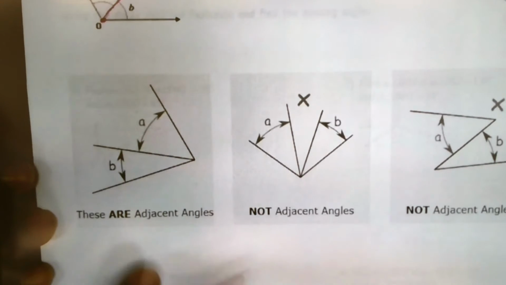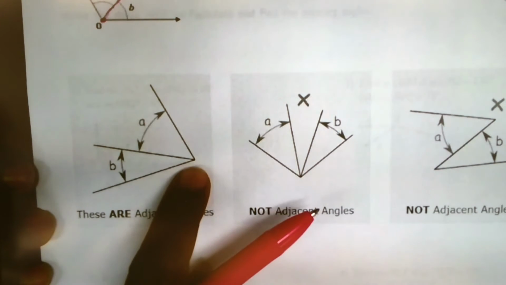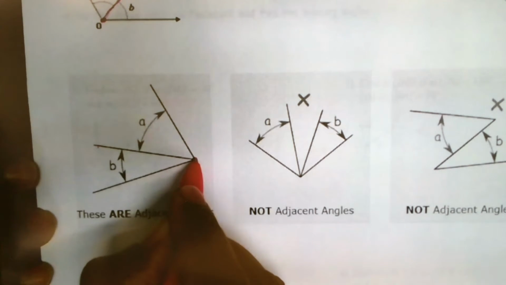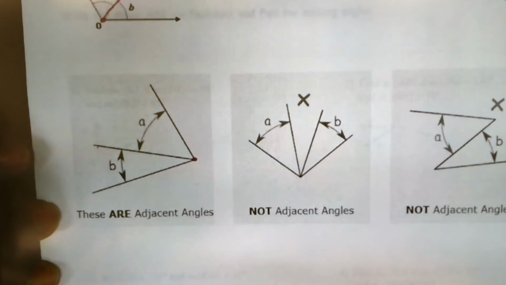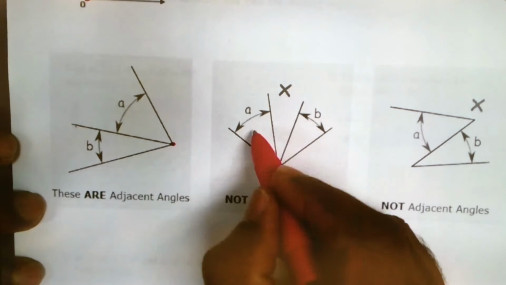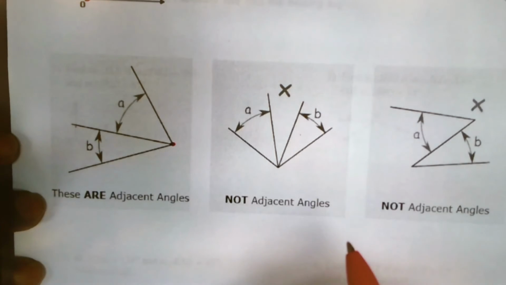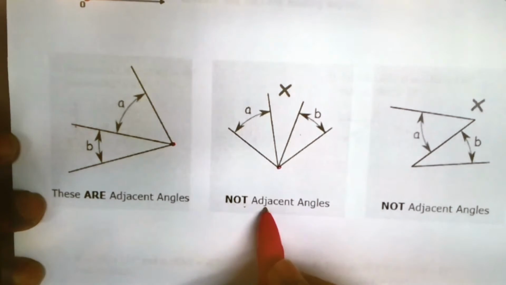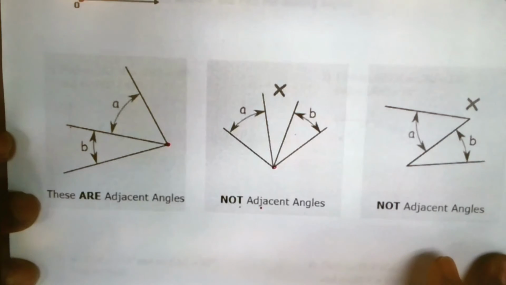The first one is these two are adjacent because this side is common for both and this is a common vertex. But this is not an adjacent angle because these two angles don't have a common side even though they have a common vertex. So they are not adjacent angles.